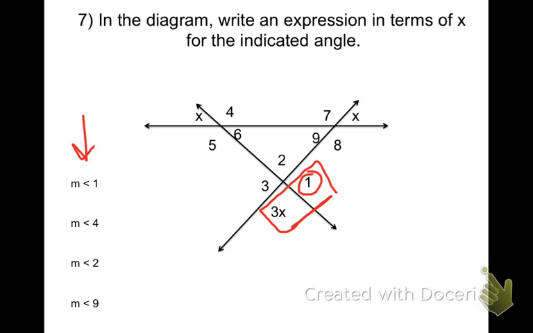So if it is supplementary to 3x, since I don't know what angle 1 is, I can write the math I would have to do to find the measure of angle 1, which would be to subtract from 180 that value of 3x, if only I knew what it were. And I don't have an equation and I'm not solving for x. To write something in terms of x, it's an expression, it will have x in it. So 180 minus 3x would be the degrees for angle 1.